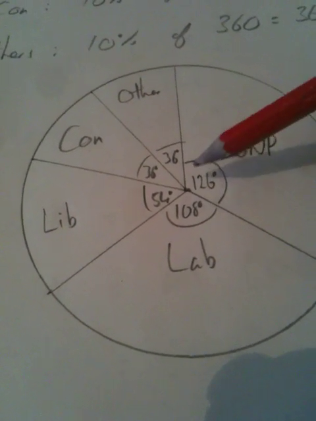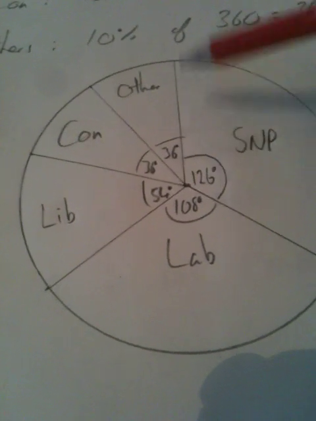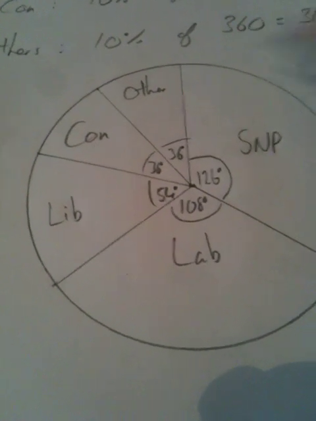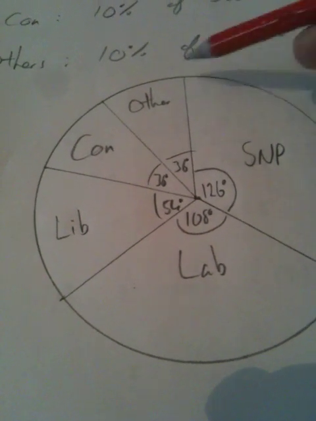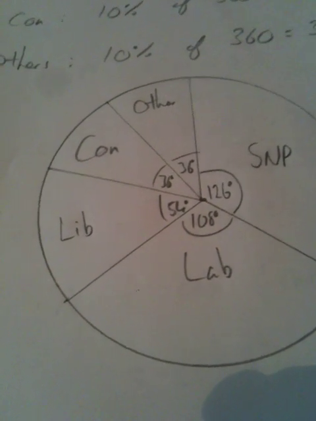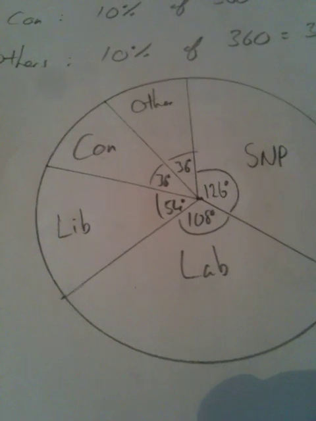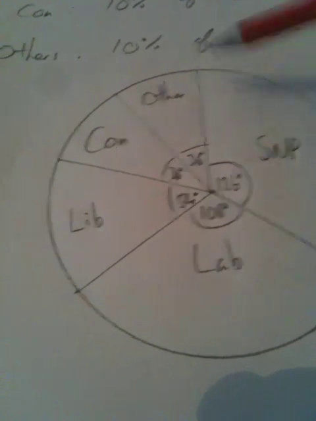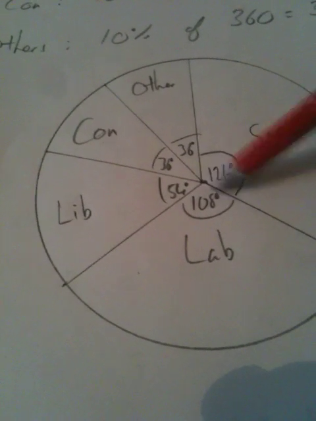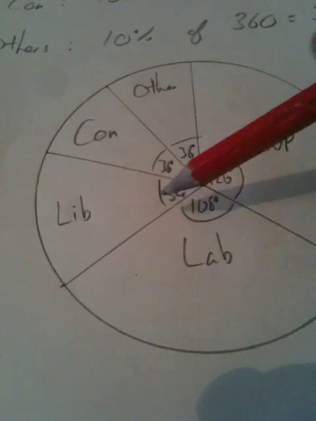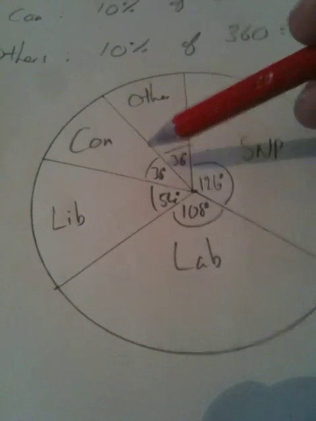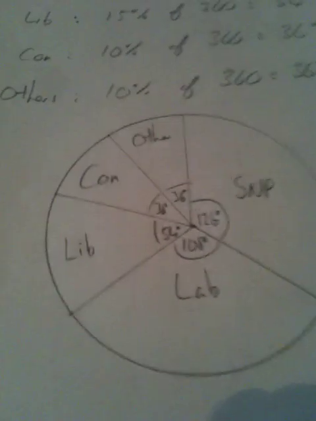I know it's 126 degrees, I know that's an obtuse angle, so once I've lined up the protractor properly, I'll be looking for the obtuse 126. Not the one that's going to give an acute angle, because there's always two values for every number between 0 and 180 on a protractor. So get the 126, then after that, line it up there, measure 108, line it up there, measure 54, line it up there, measure 36, line it up there. Should get the last 36 if you've done it properly.